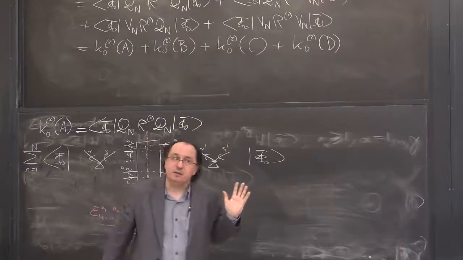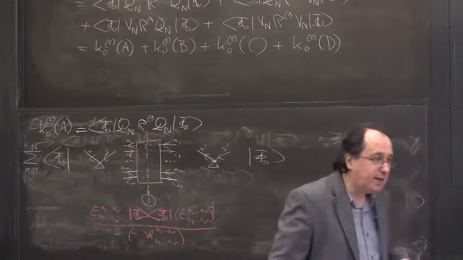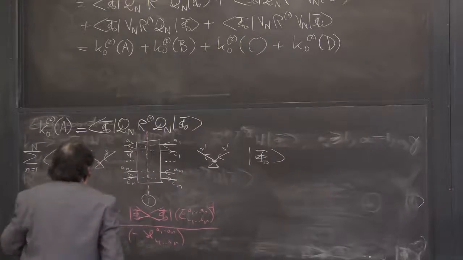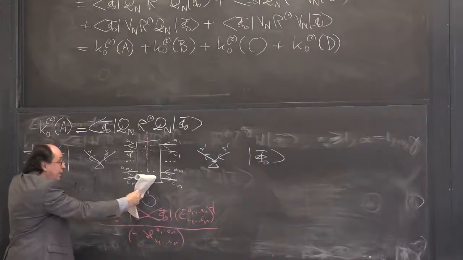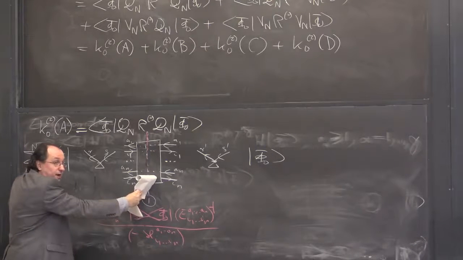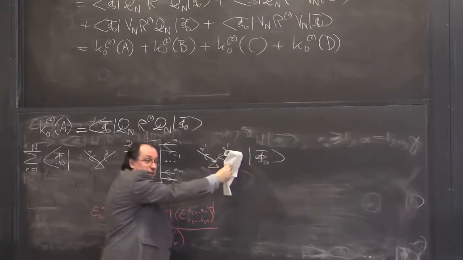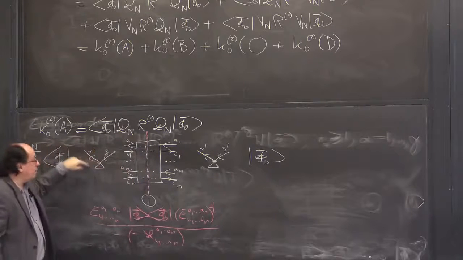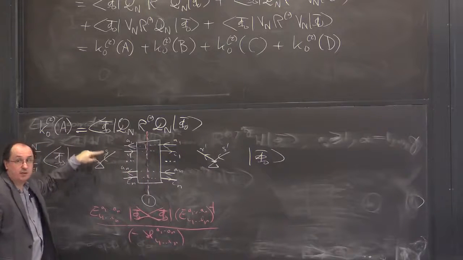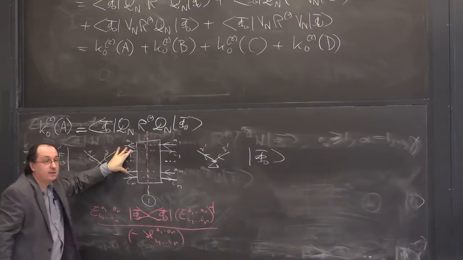But what does this mean? That means that in addition to forming diagrams with no external lines, I have to make sure that all the lines in this region are contracted. That we have no external lines in this region, and that we have no external lines in this region. Well, that means that since we cannot contract these two together because of normal ordering, we have to take our S lines and connect them with these.